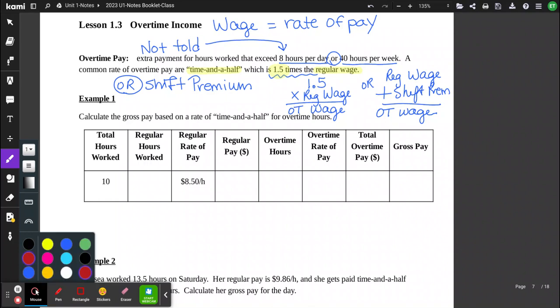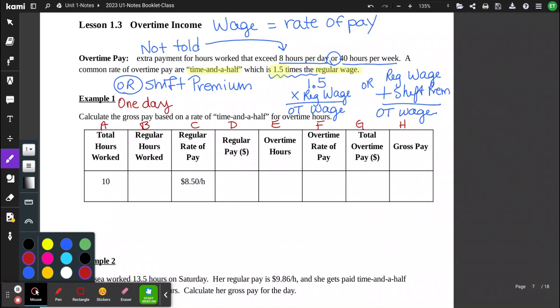So we've got a handy dandy chart here in example 1, and we are going to label the chart, each column, A, B, C, D, E, F, G, and H. And now we're going to put a couple little cheats in the boxes for us. So if it doesn't tell us, this is for one day, okay? So this is based off one work day.